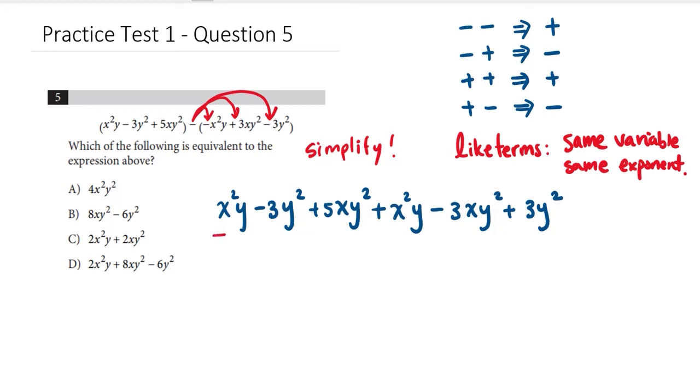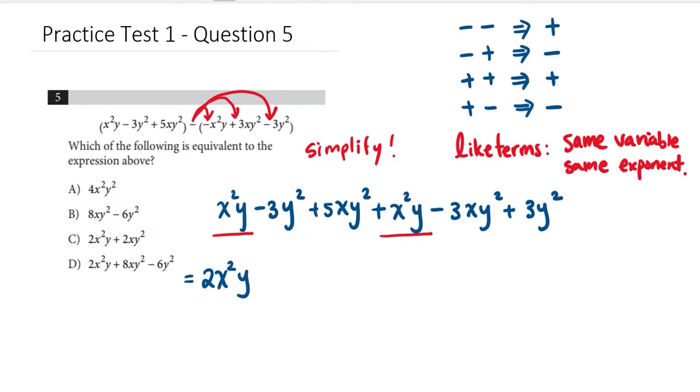So this and this will be like terms, not the other ones like xy squared, for example, because in that one the exponents are different. So these two are combined as 2x squared y.